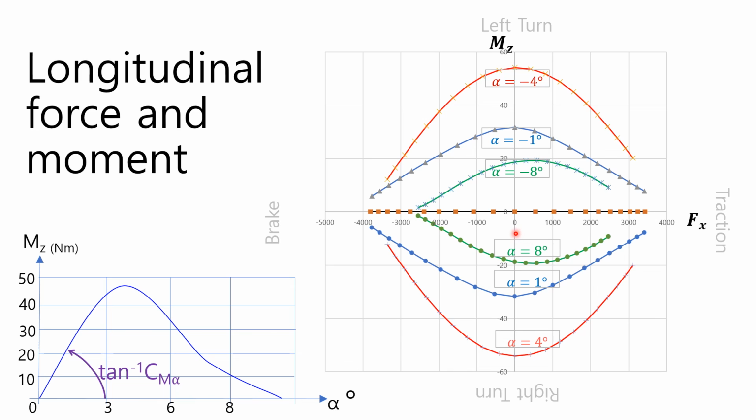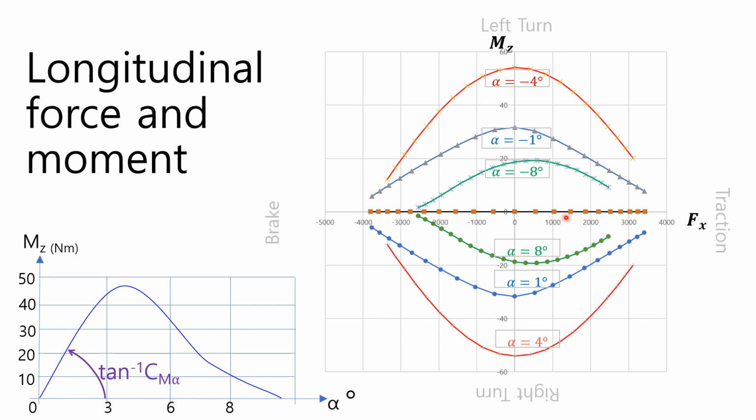As shown in the previous video, E18, the self-aligning moment Mz does not increase linearly as the side slip angle increases, but begins to decrease around 4 degrees and changes direction when the side slip angle exceeds about 10 degrees. The graph on the left also shows this trend well.